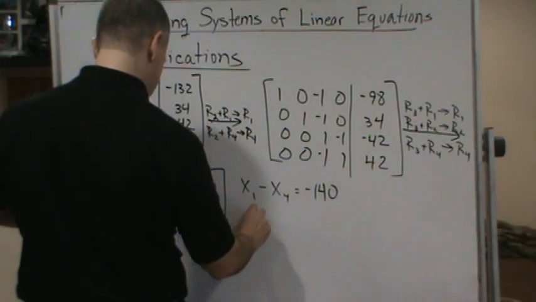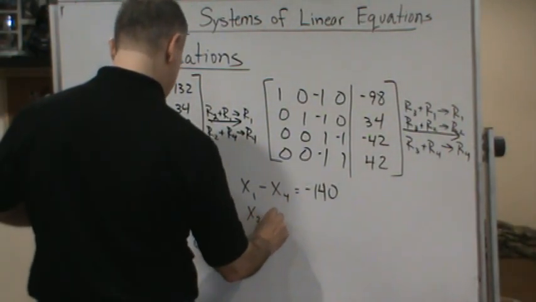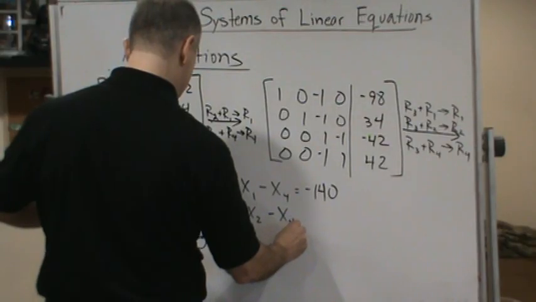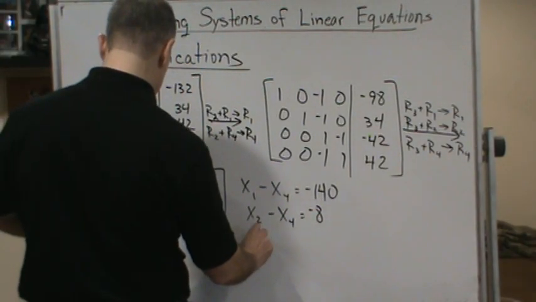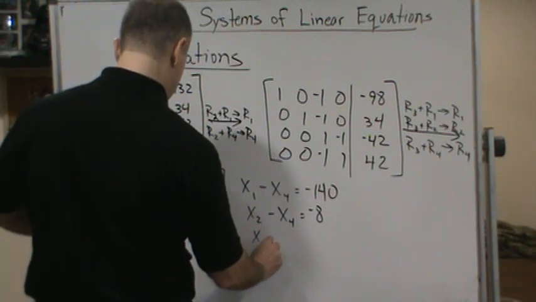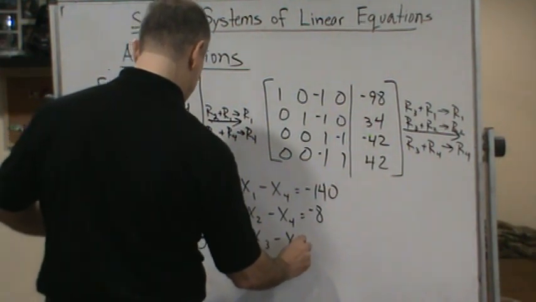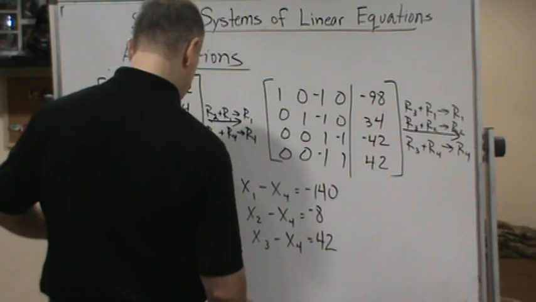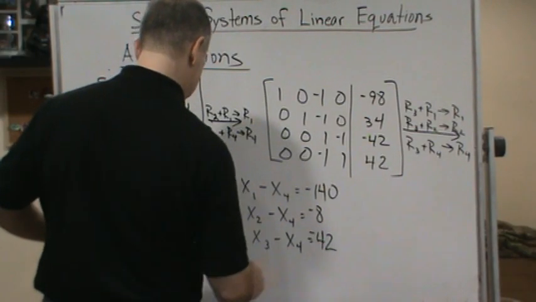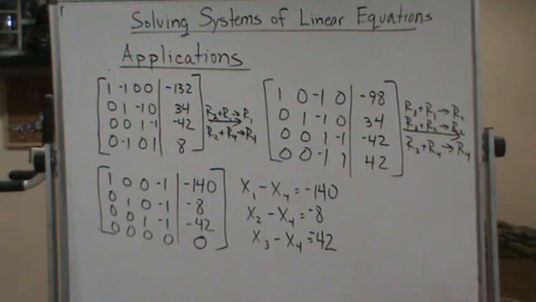And x2 minus x4 is equal to negative 8. And x3 minus x4 is equal to negative 42. Okay, so now let me just verify, make sure we answered what they wanted us to answer.